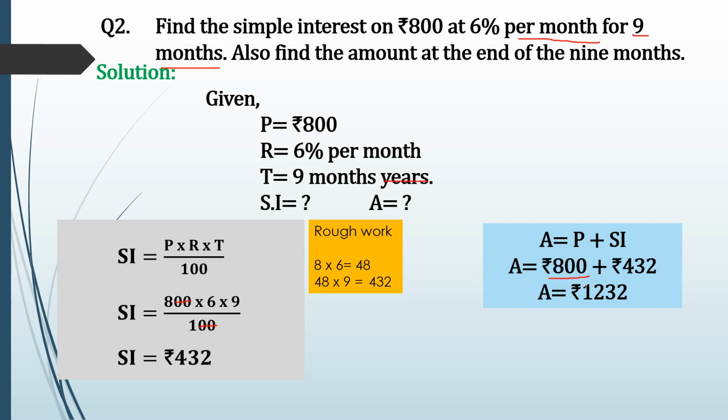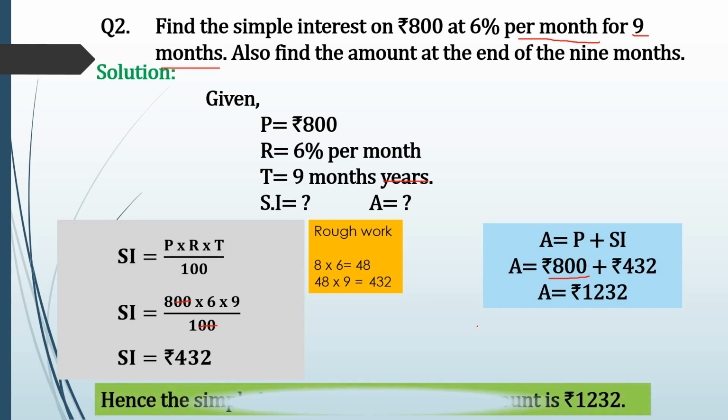And when we add this, how much do we get? Amount is equal to rupees 1232. Is that clear, boys? So once we find simple interest, it is very easy to find amount, we just need to add simple interest and principal. Is that clear, students?